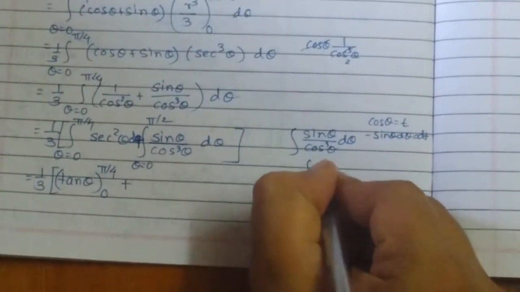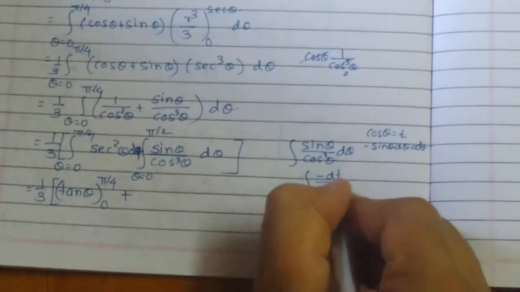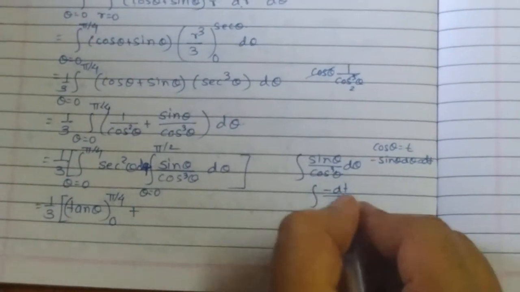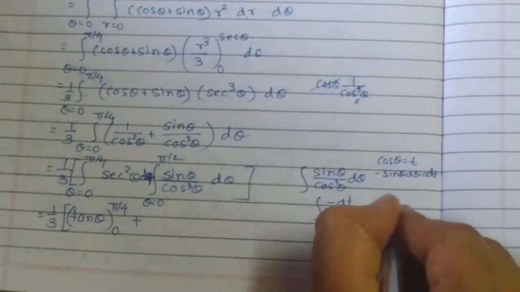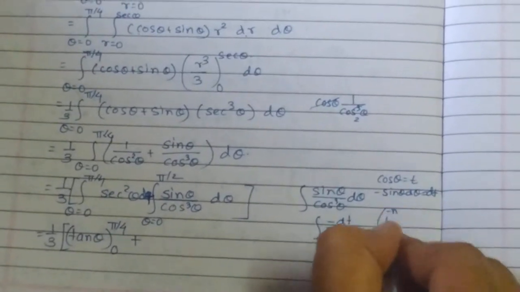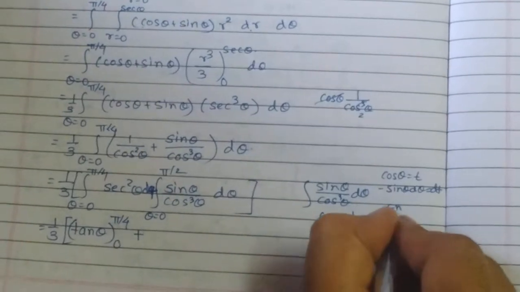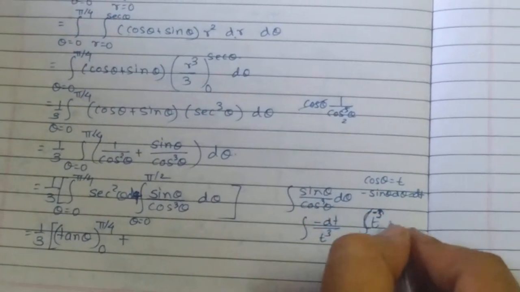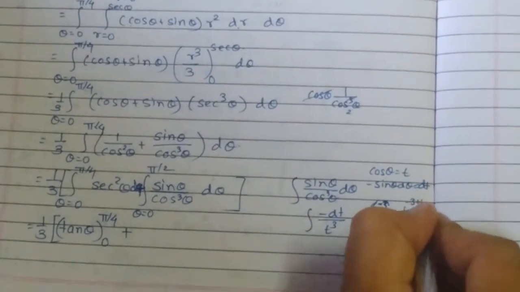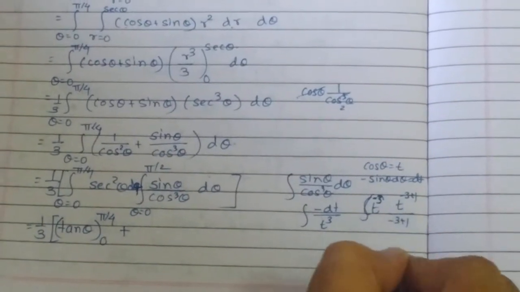What I am getting? Minus dt upon t cube. What is the integration of 1 upon t cube? You can follow the formula, integration of t raised to n. Okay, here it is 1 upon t cube. We get integration of t raised to minus 3. It is t raised to minus 3 plus 1 divided by minus 3 plus 1.